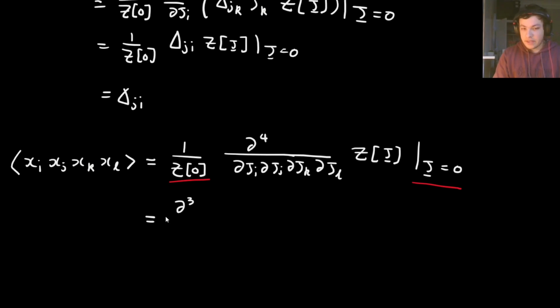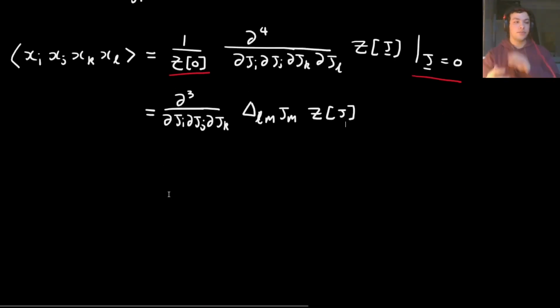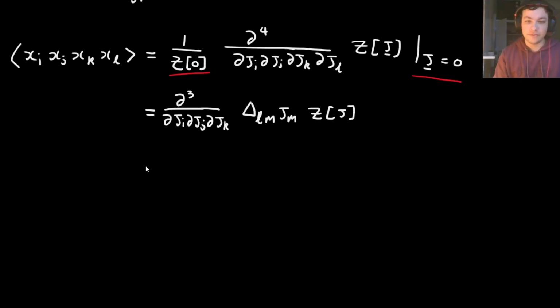So we keep our first 3 derivatives, dJi, dJj, dJk. And so we differentiate with respect to Jl, and we're going to get sum over m of delta lm Jm Zj. Now, when we have something times Zj, when we do our product rule, we can think of it as everything that's already multiplying Zj is going to get multiplied by a new dummy index sum, right?